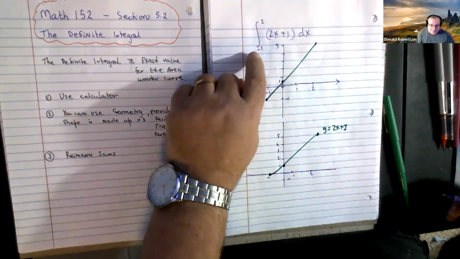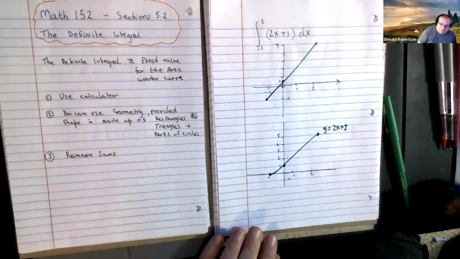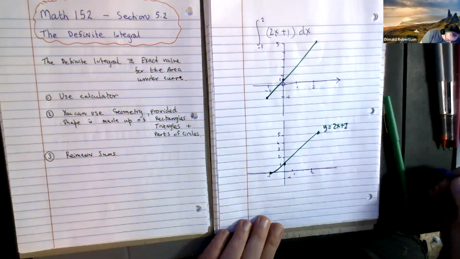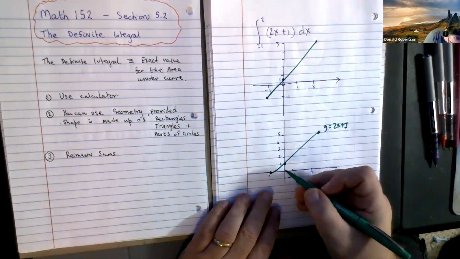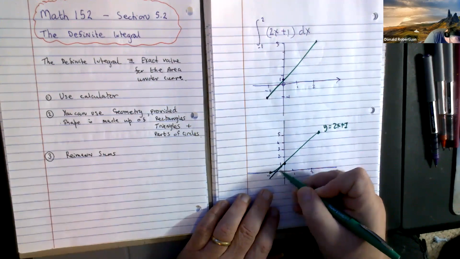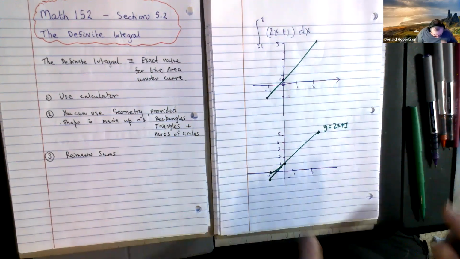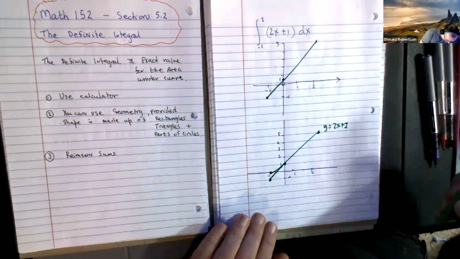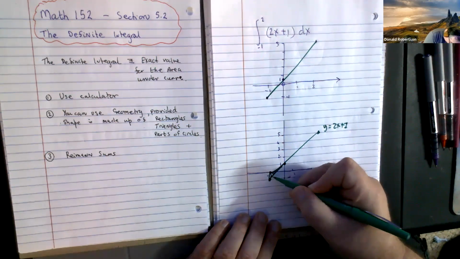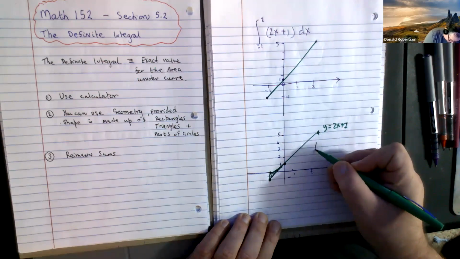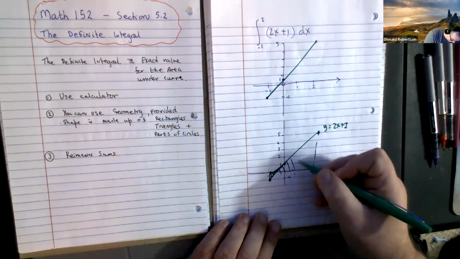Now, since I want the integral from -1 to 2, I apologize. There we go. Since we want the answer from -1 to 2, we need to realize that there's a little negative piece down here, and then there's a big positive piece here.